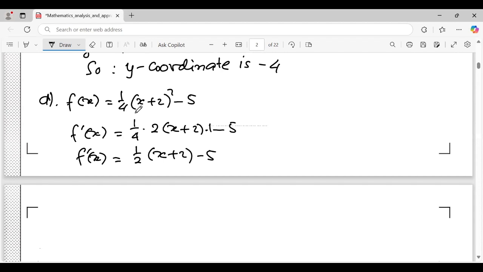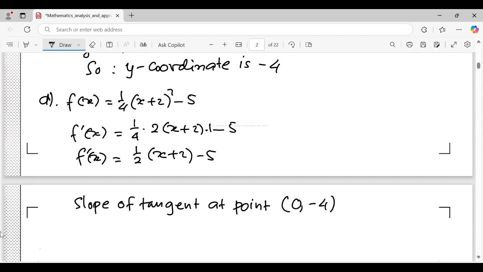So we need to find the slope of the normal line and the tangent. The slope of the tangent at point (0, minus 4).